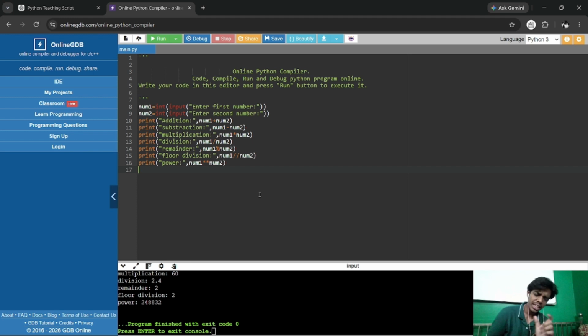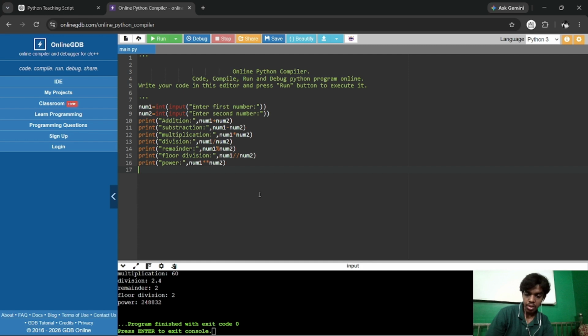We need to take it as an integer to add something. We can't add an integer to a string. If we just write input, it will be treated as a string, not an integer, and we could not add an integer to a string. Also, division always returns a float, not an integer.